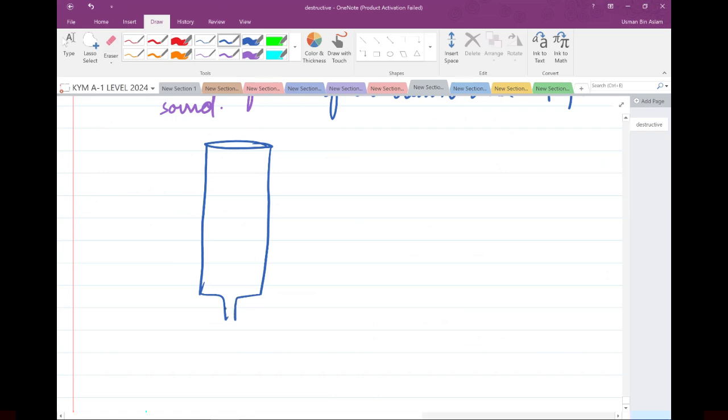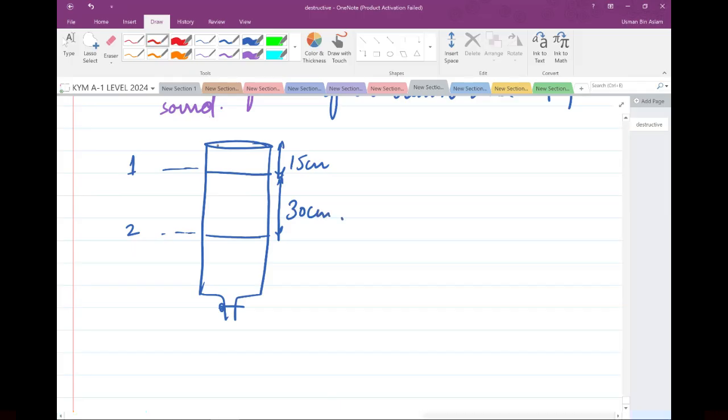They will show you on a diagram. This is where the first loud sound was heard. The length of the air column was, let's say, 15 centimeter. And then they tell you this is where the second loud sound was heard, and that's the length of 30 centimeter.